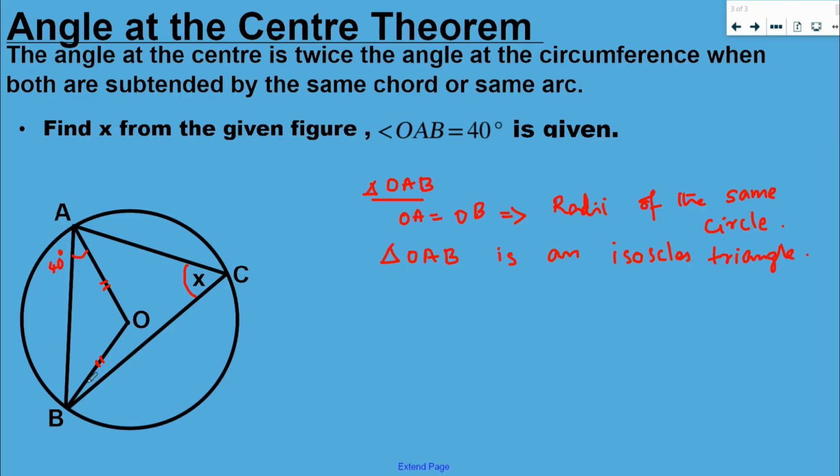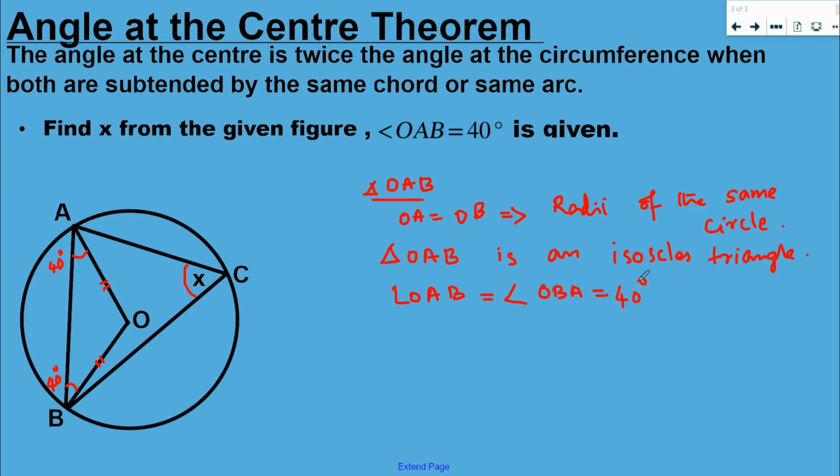If two sides are equal, then the base angles are also equal. So angle ABO or OBA is also equal to 40 degrees. We have to write it down step by step: angle ABO equals angle OBA, which is also equal to 40 degrees.